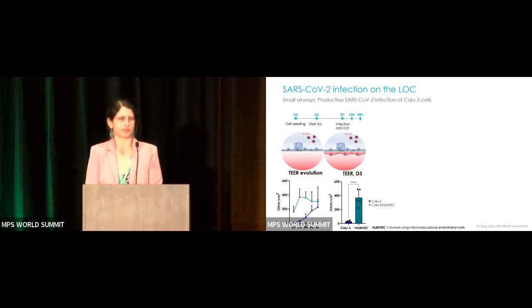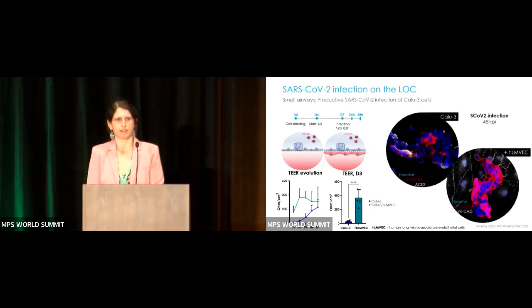Already after 3 days, we had a tight barrier, which was significantly tighter than without the endothelial cells. However, upon addition of the SARS-CoV-2 virus, we saw efficient infection of the epithelial cells in both systems. A lot of them were positive for SARS-CoV-2 proteins. And we could not detect infection in the endothelial cell layer, as you can see in the co-culture model.